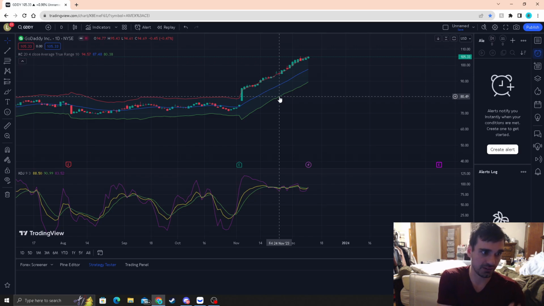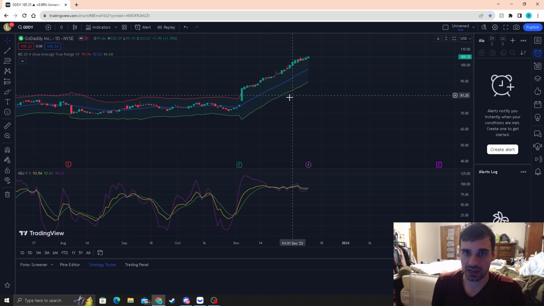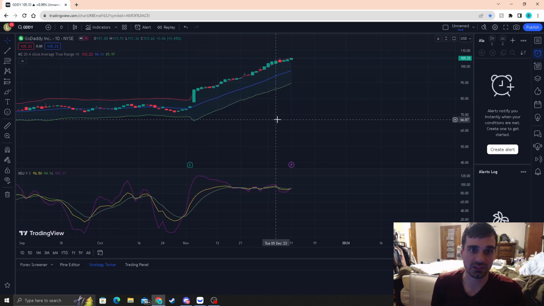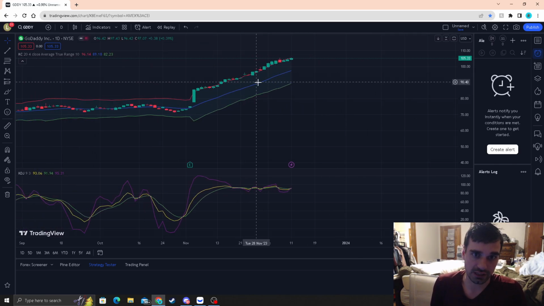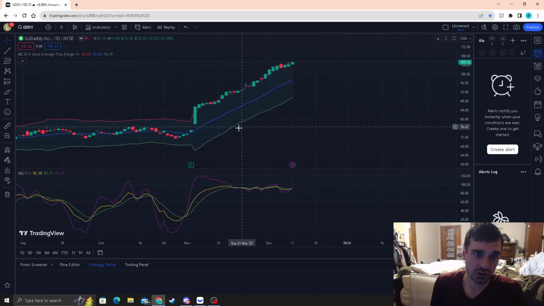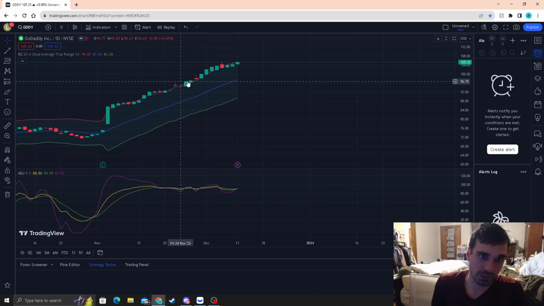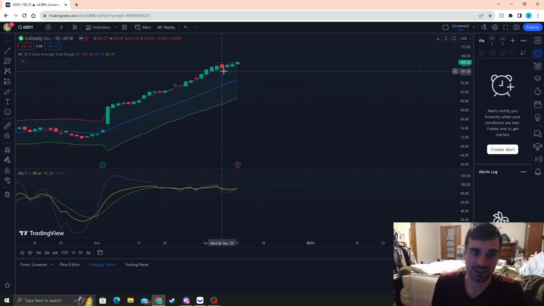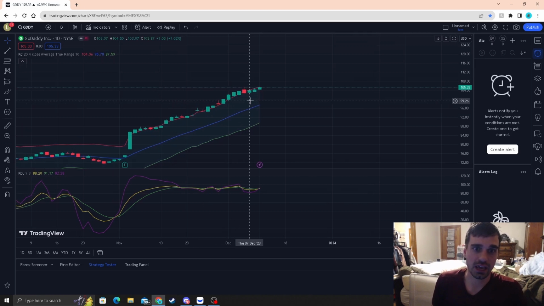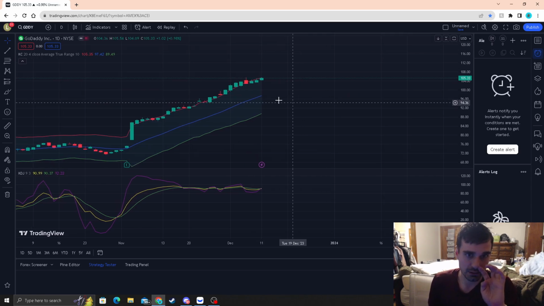The reason why we have these two indicators is the KDJ is going to give us a more precise entry, and on the daily you want to see clearly it's above the band. So you don't want to see something like this candle here. Remember, we're working at the $101 area. That's where we get our confirmation, and then we decide if we want to enter.